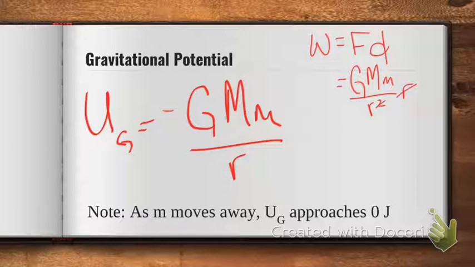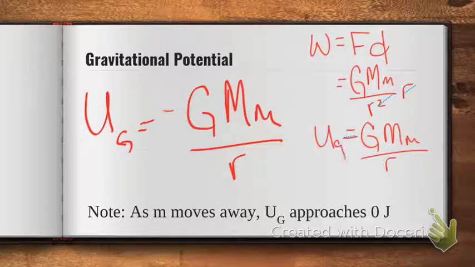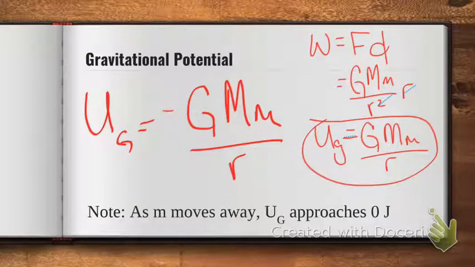Those two cancel, and we are left with G big M little m over R. That's why it ends up that way. The pure derivation will have a lot more calculus in it, but that's a good place to start to figure out how it works.